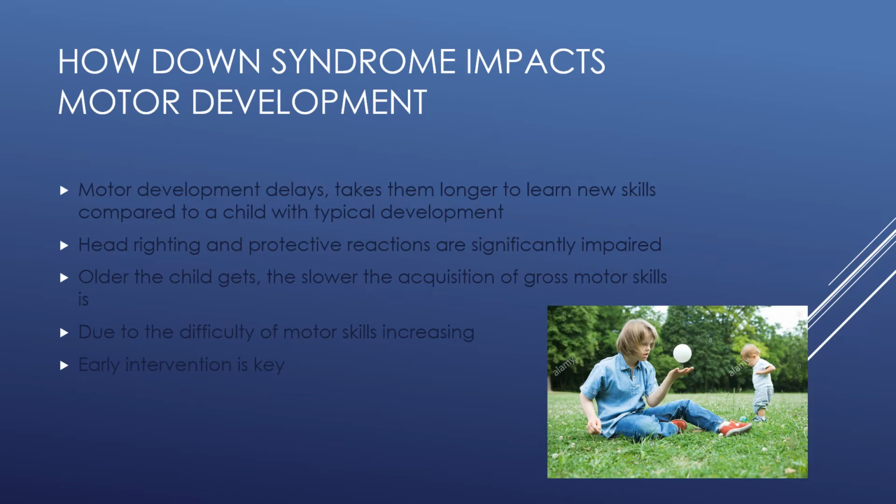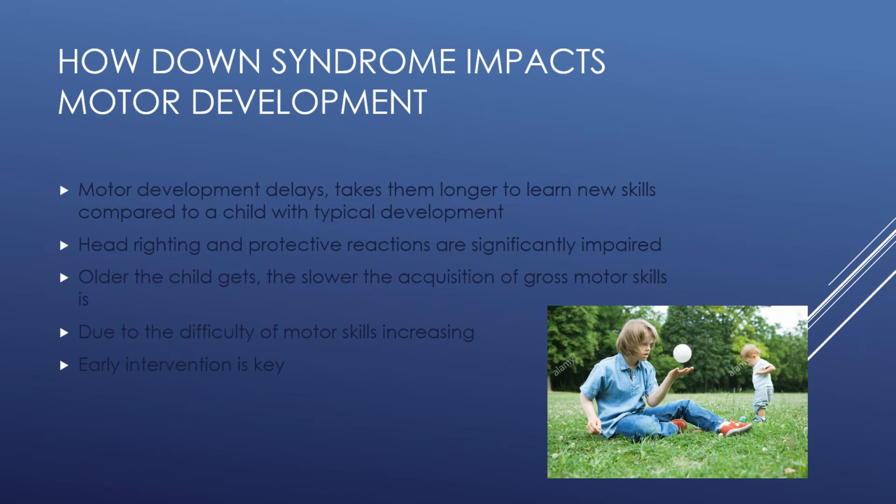It is also evident that the older the child gets, the slower the acquisition of gross motor skills would be. The reasoning behind this could be due to the fact that as children get older, the difficulty of performing complex motor skills increases. This, in turn, becomes more of a challenge for children with Down syndrome to complete these skills at the same rate as children their same age with typical development, particularly due to their problems with postural control.